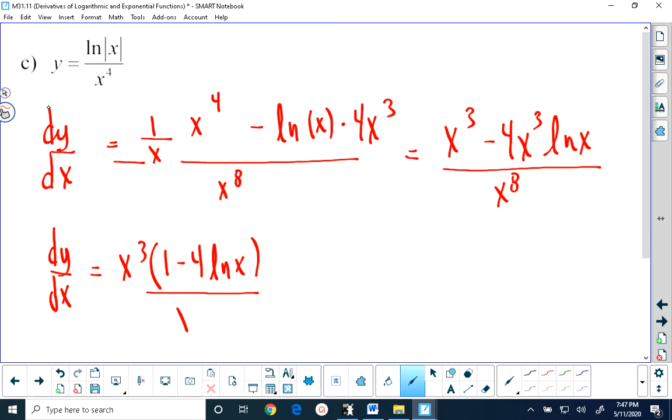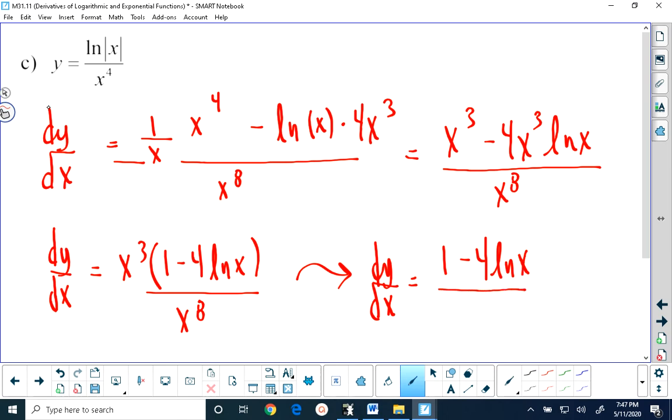And it's over x to the 8. So dy dx, when we cancel the x cubed on the top with an x cubed on the bottom, will be 1 minus 4 ln x over x to the 5. And that's the answer to example C.